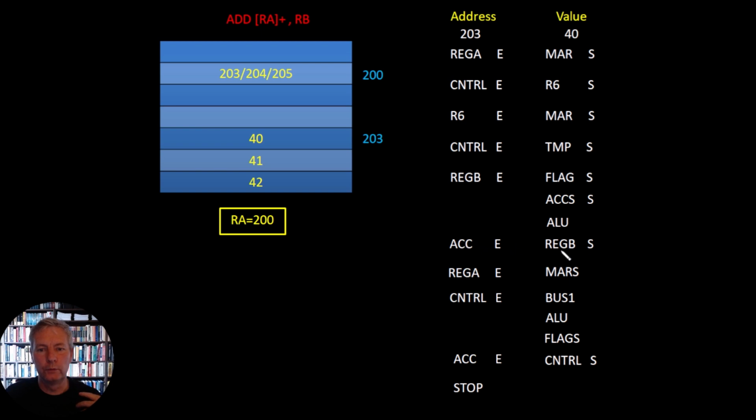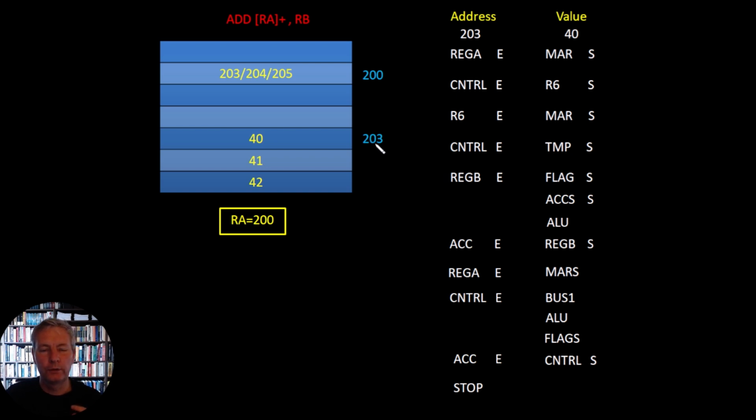What we want to do now is go through the post increment. To get through the post increment, we're going to have to get access to this value 203. Note that at this point in time, the memory address register is actually pointing to this position 203.